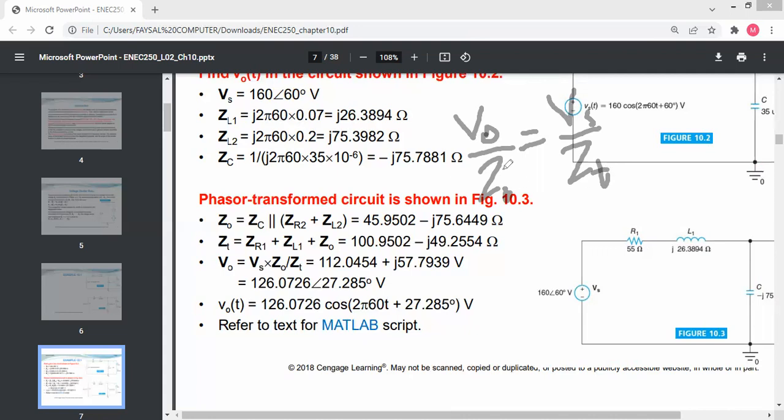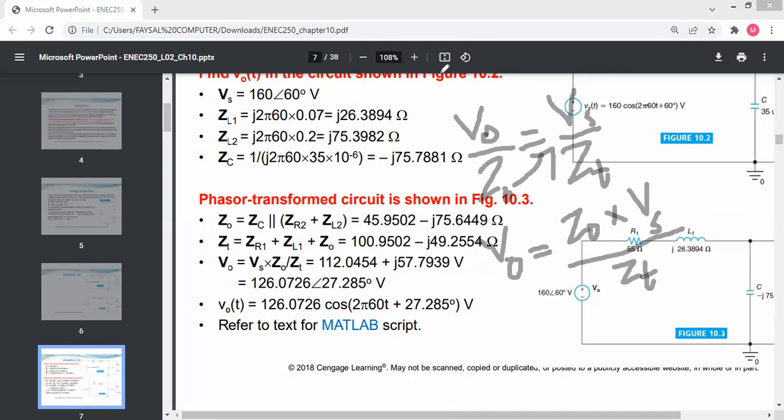Yes. Okay. So I have to find the value of V naught. V naught will be equal to Z naught multiplied by Vs divided by Zt.